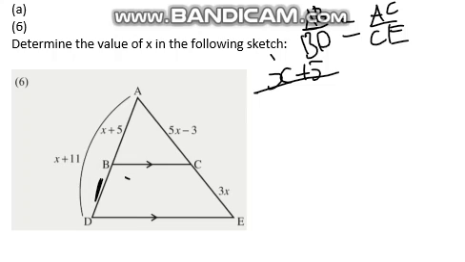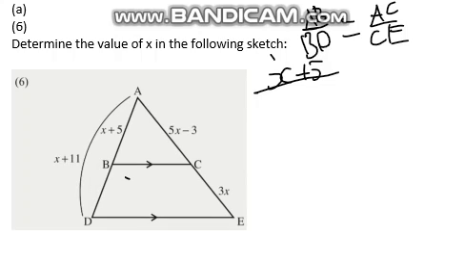We haven't been given anything about BD, so we need to find out what BD is. Now we've been given AD and we've been given AB. So what you need to do here is take the longer length and subtract the smaller length for you to get BD. Okay, so let's try and do that now.